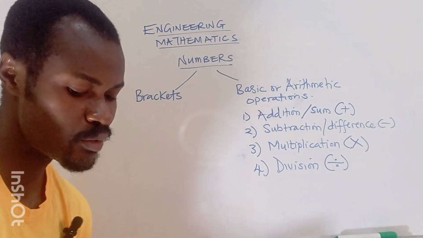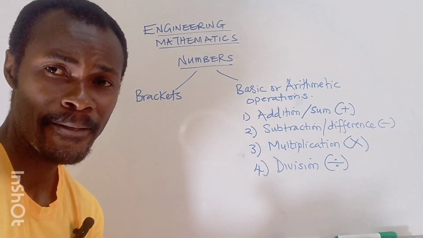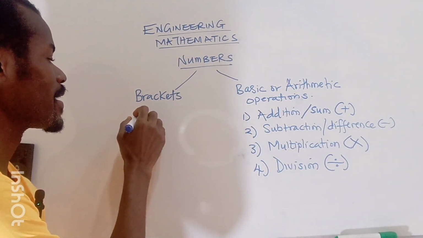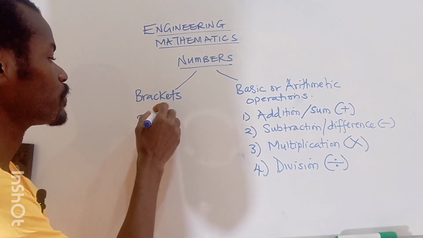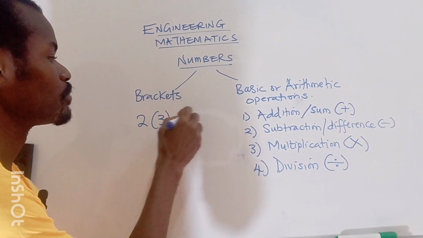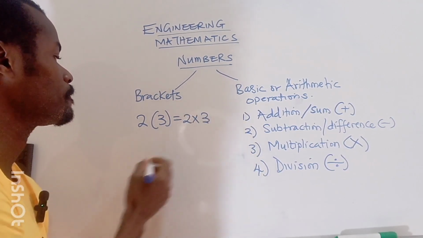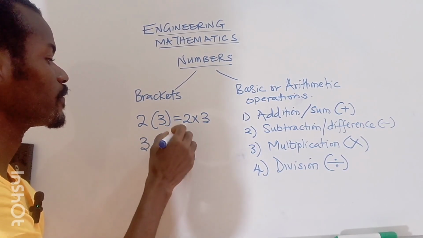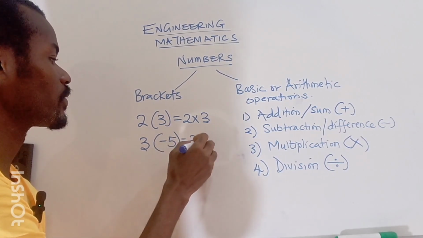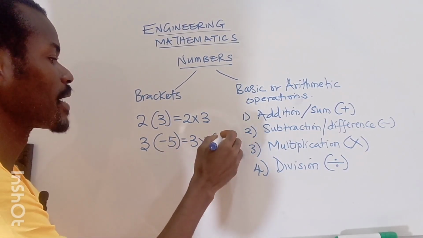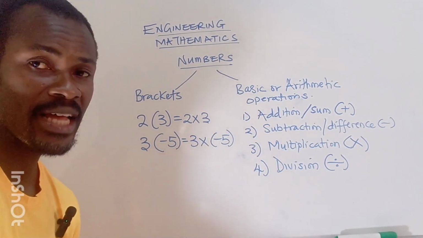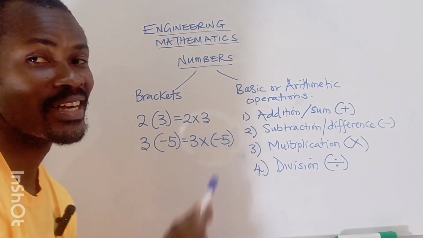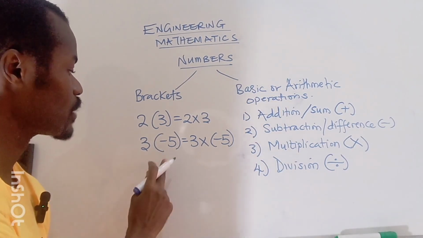And the next idea about the use of brackets is that brackets represent multiplication. For instance, if I have 2 bracket 3, this means 2 multiplied by 3. If I have 3 bracket minus 5, this also means 3 multiplied by minus 5. If you can observe, there are two basic operation symbols I've just been able to use the bracket to cover. We can also do that with alphabets.